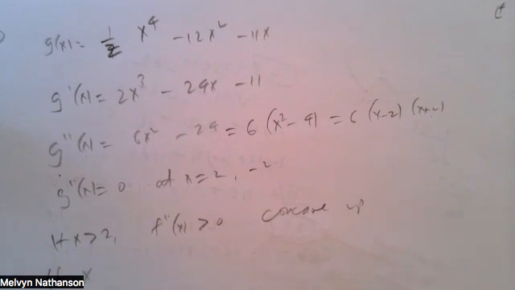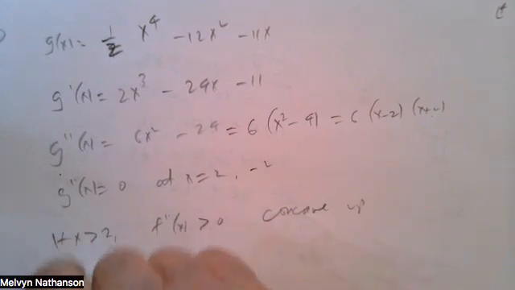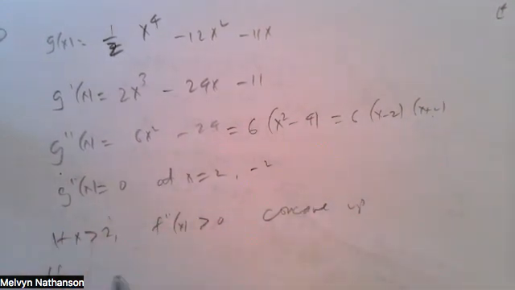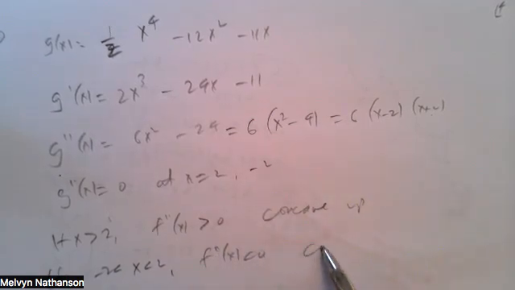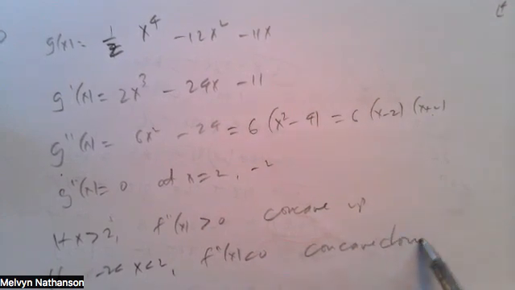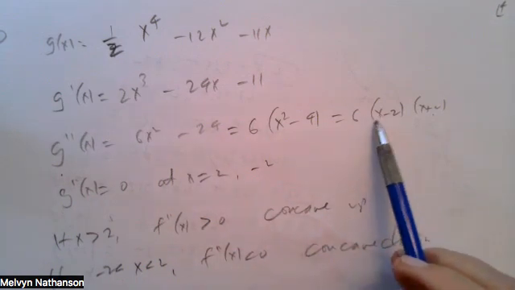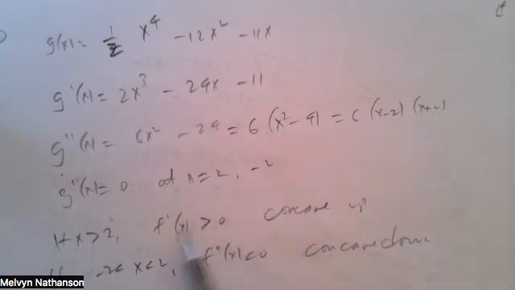If x is between negative 2 and positive 2, so if x is less than 2 but bigger than negative 2, x minus 2 is negative, but x plus 2 is positive, so the second derivative is negative, the curve is concave down. If x is less than negative 2, these are both negative numbers. The product is positive. So the second derivative is positive.